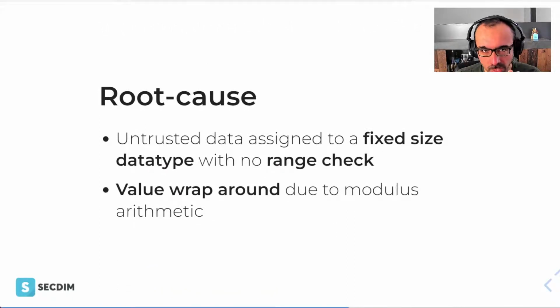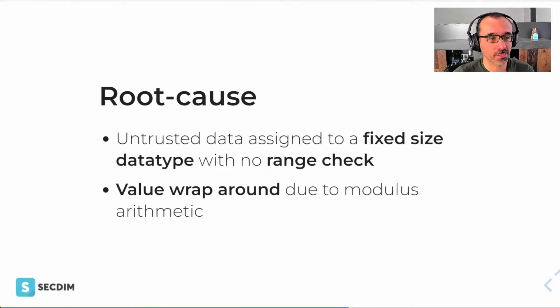Cool. So the root causes we're going to take from here are, first, that when untrusted data is assigned to a fixed-size data type, in this case integer, with no range check, we're going to have this issue. And the other thing is the value will wrap around due to modulus arithmetic. The reason I'm emphasizing number 2 is that this is not the case, for example, with GPUs. GPU cards do not follow modulus arithmetic.